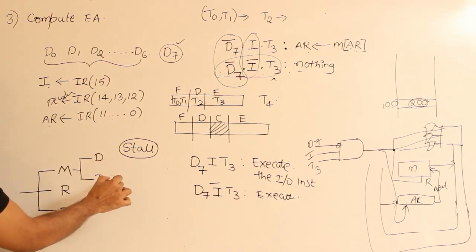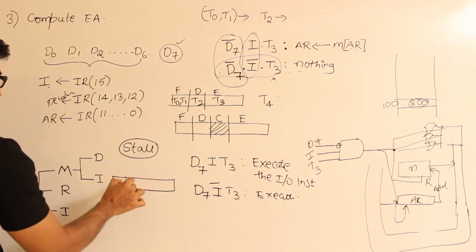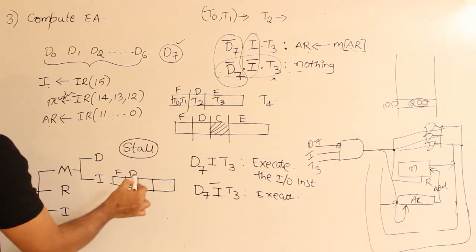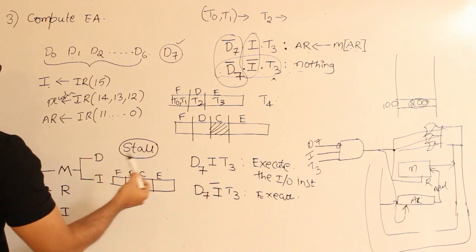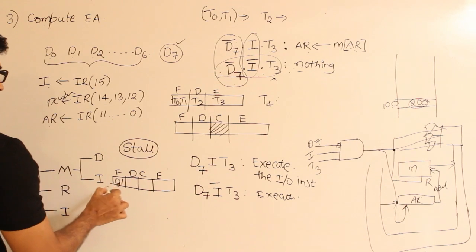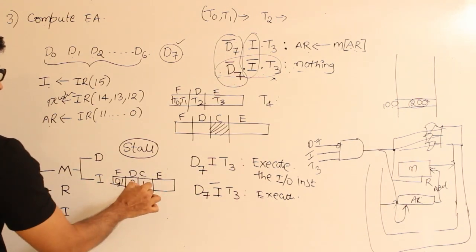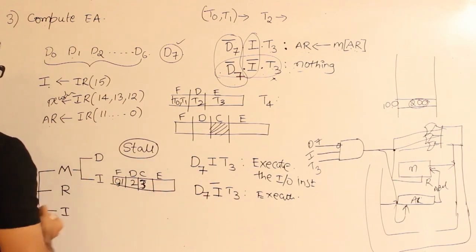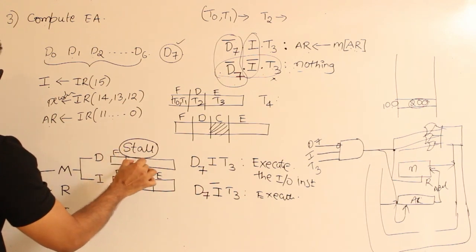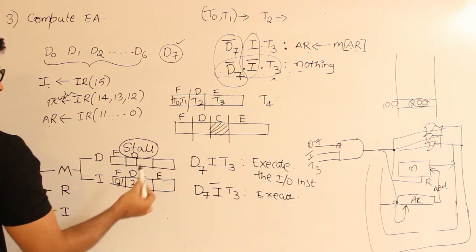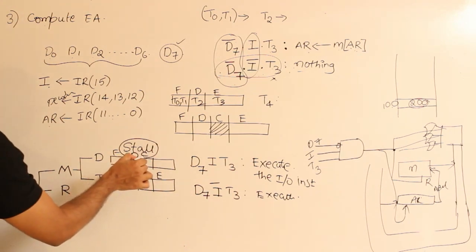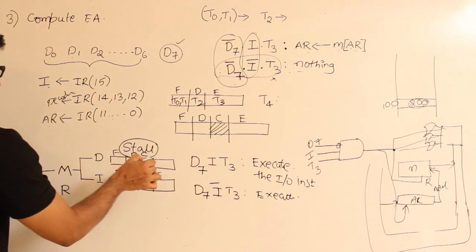In case of indirect reference, we have fetch, decode, and compute the effective address and then execute. Therefore I am going to use T0 and T1 here, T2 here, and T3 here. In case of direct reference, we have fetch here, decode here, and we are not doing this compute effective address, but still we are not starting the execution there, therefore we are not using it.